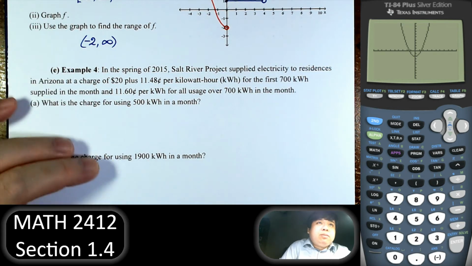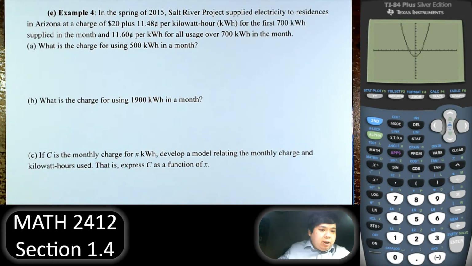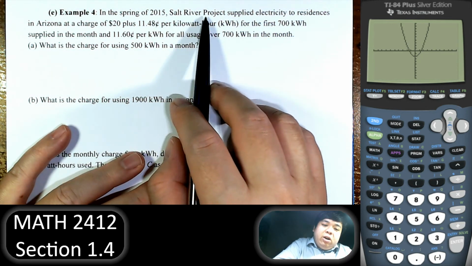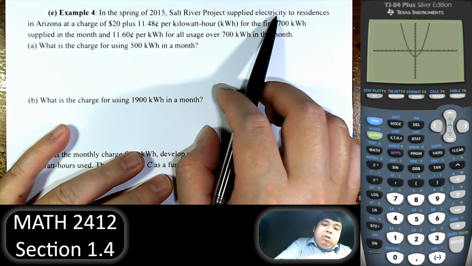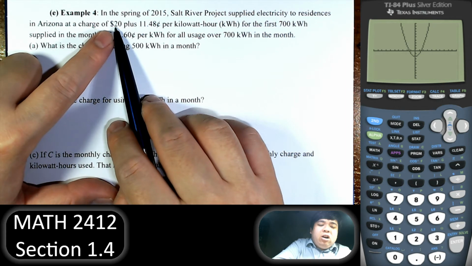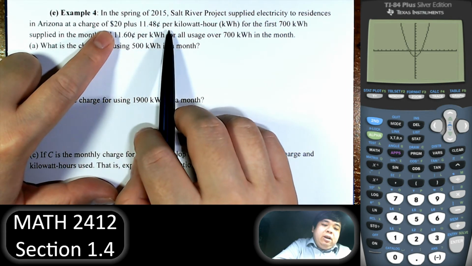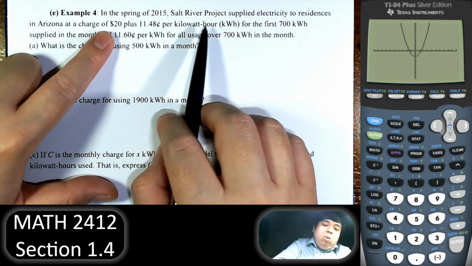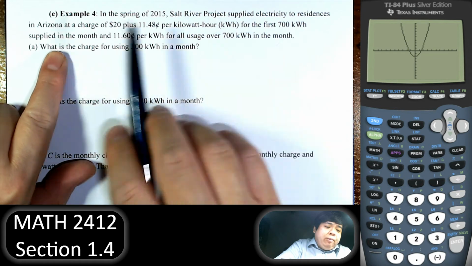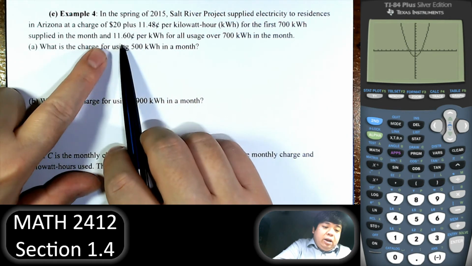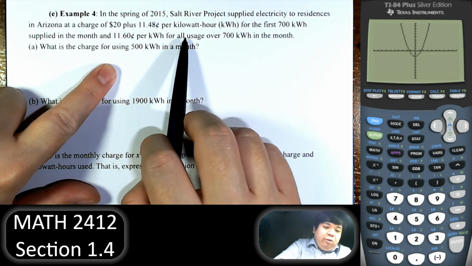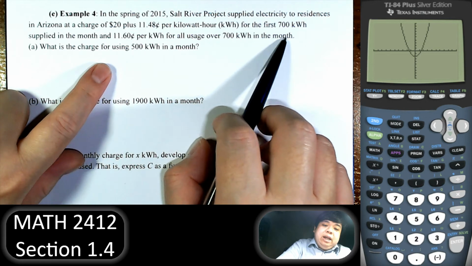Next we have this application problem. In spring of 2015, Salt River Project supplied electricity to the residents in Arizona: $20 plus 11.48 cents per kilowatt hour for the first 700 kilowatt hours in a month, and 11.60 cents per kilowatt hour for all the usage over 700 in a month.